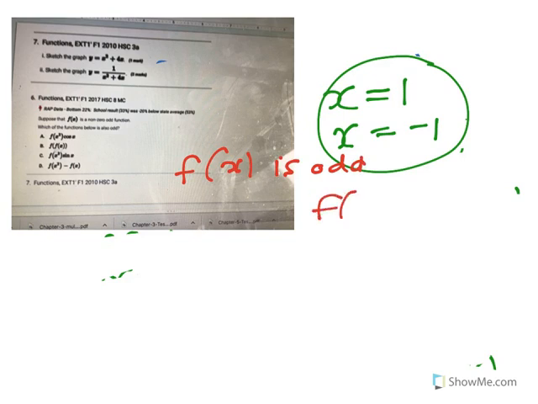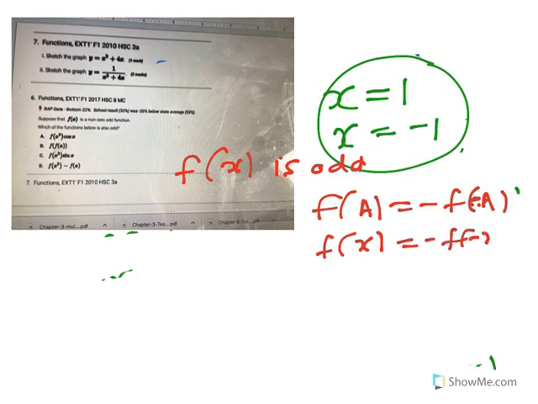Now, if f of x is odd, that means that if I put in a, I get the same thing as when I put in minus a, but it will differ in sign, it'll be a negative. So f of x equals minus f of minus x. Now if you look at A, you've got f of x squared. So if I put in x, I get f of x squared.